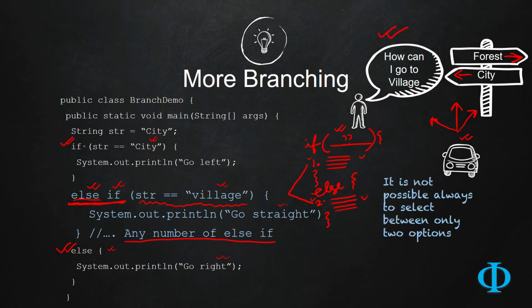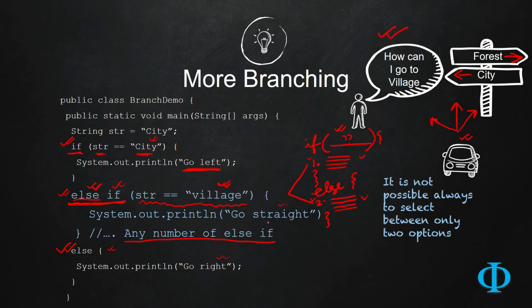So here the entire program means if the value of string equals city, then go left, or at least print go left. Then this else if statement means the value of string is not equals city, but the value of string equals village.